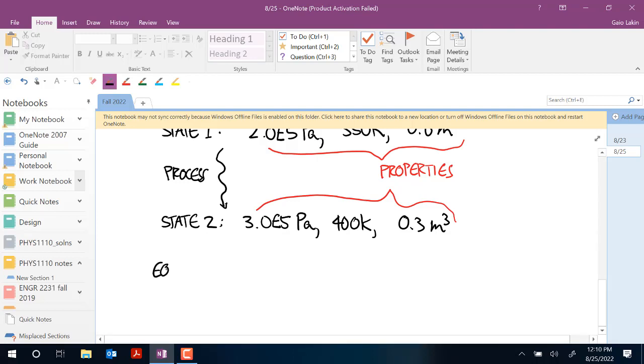So the equations that we'll see in this class, they can be either equations of state, and equations of state relate properties at a single state.